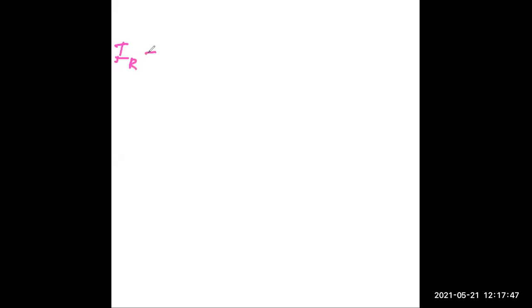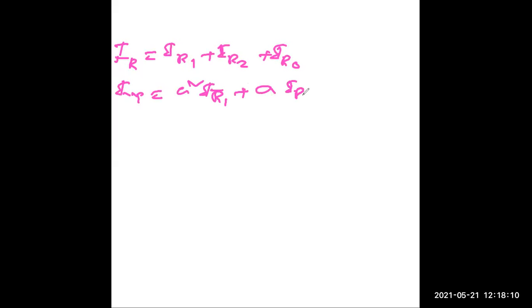So IR is equal to IR1 plus IR2 plus IR0. My whiteboard is visible to you? Yes, sir. Then IY is equal to A square IR1 plus A into IR2 plus IR0.